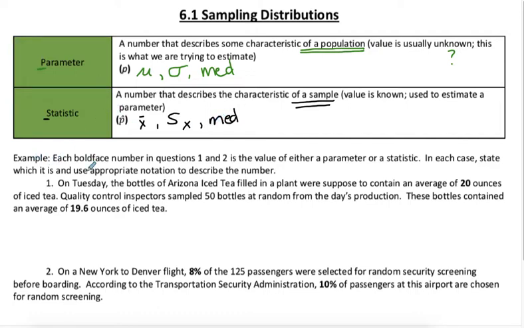All right, so let's look at telling the difference between talking about the big idea, a parameter about a population, or talking about something we've collected data from, a sample statistic. It says each bold-faced number in questions 1 and 2 is the value of either a parameter or a statistic. In each case, state which it is and use the appropriate notation to describe the number.